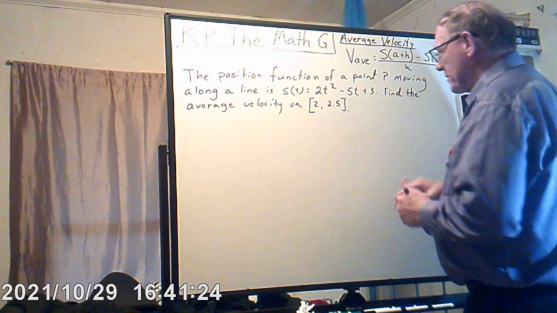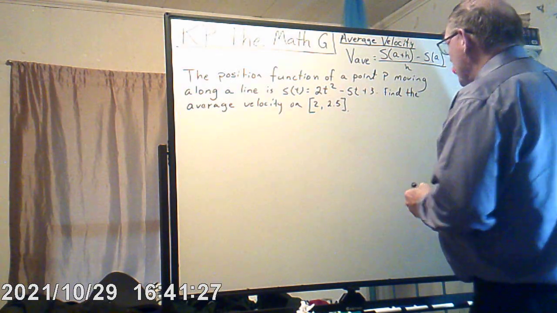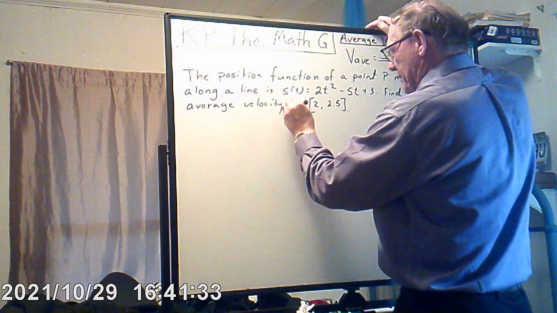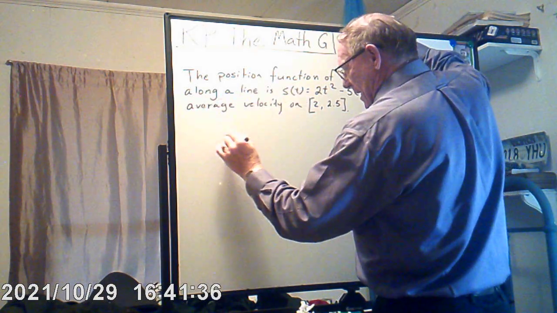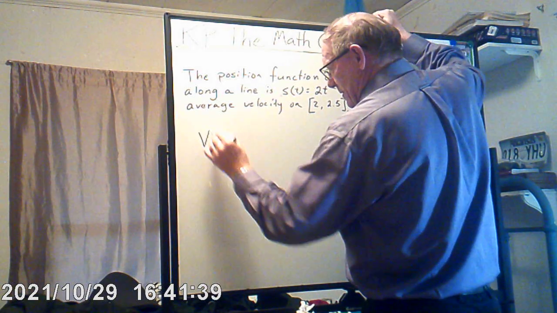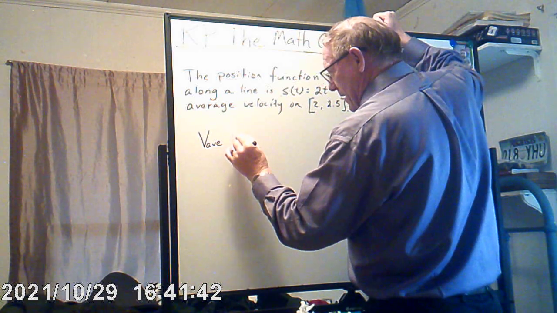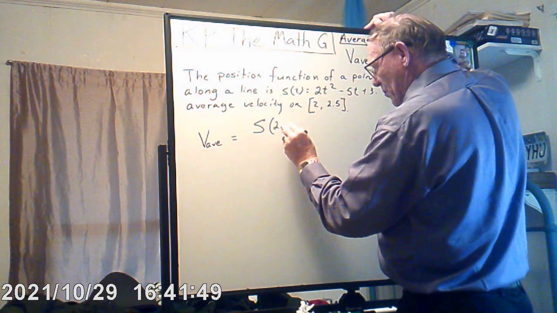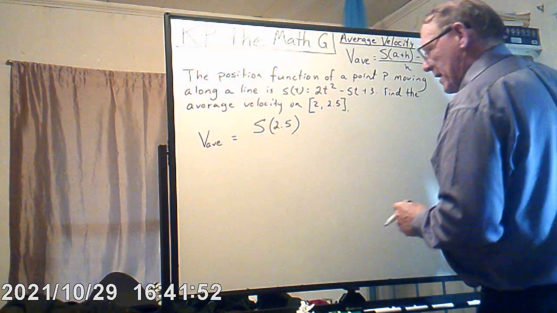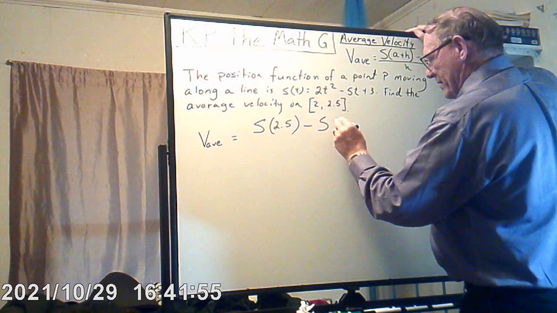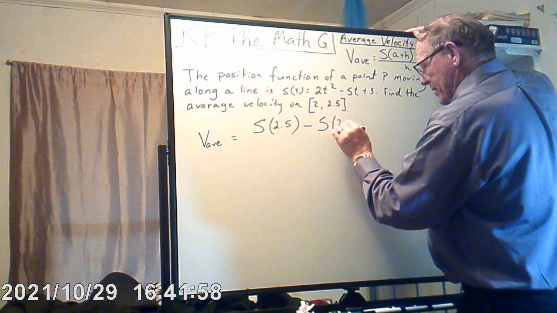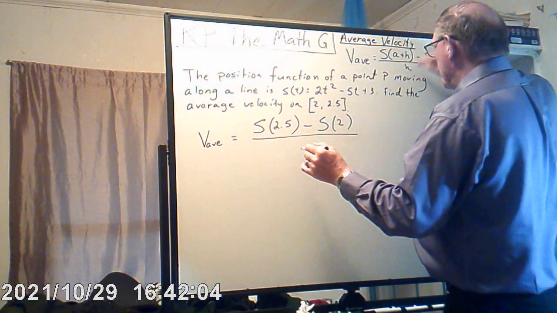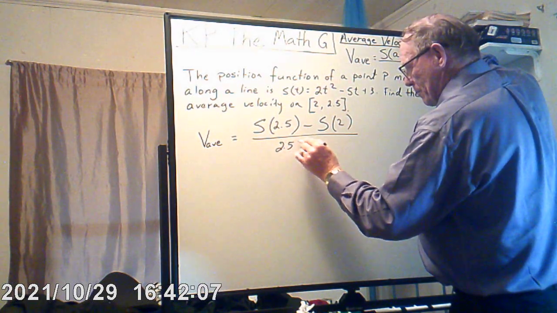So the average velocity is equal to s at the larger number, 2.5, minus s at the smaller number, 2, and then h is just equal to 2.5 minus 2.